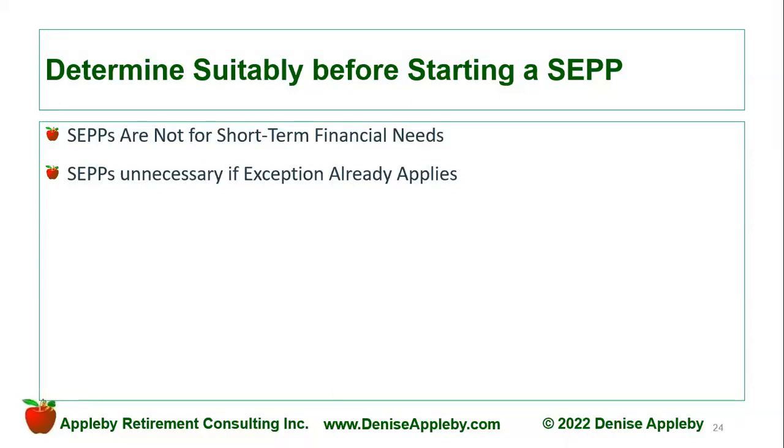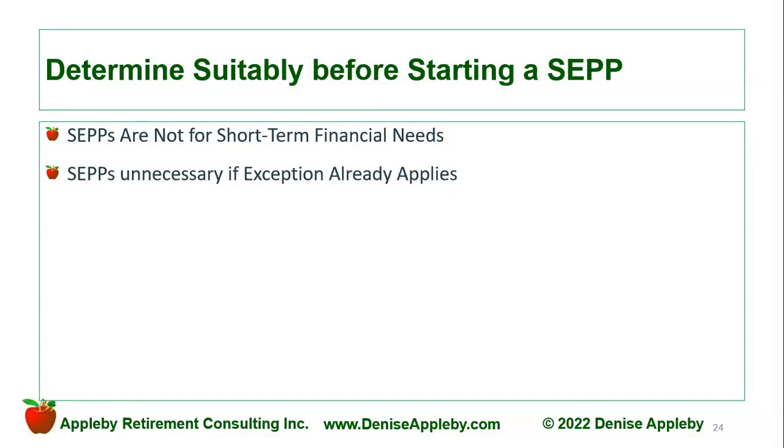So starting a 72T program would force this person to be locked into taking distributions that they won't need in the future. So if the need is a short-term or a one-time financial need, then it makes sense to have the client just bite the bullet and pay the 10% early distribution penalty if they don't qualify for some other exception. But starting a 72T program for short-term financial need is not recommended.